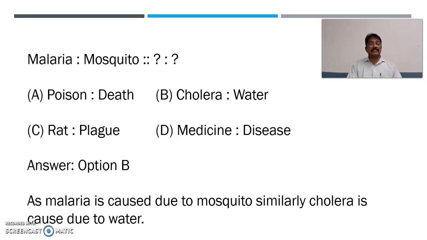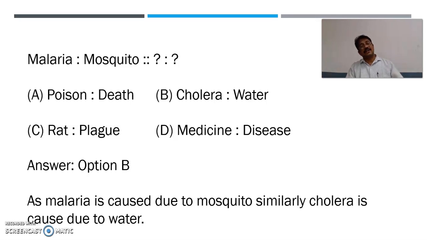Medicine, disease. If you are suffering with a disease, generally we will take medicine, but the same kind of relation between malaria and mosquito cannot be applied between medicine and disease. So it's not correct. So here B and C are the possibilities. Now we will check cholera, water, and rat, plague. If you see malaria, the disease comes first, the causing factor next.